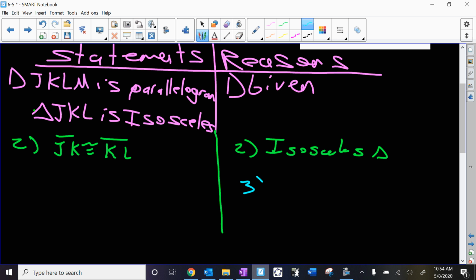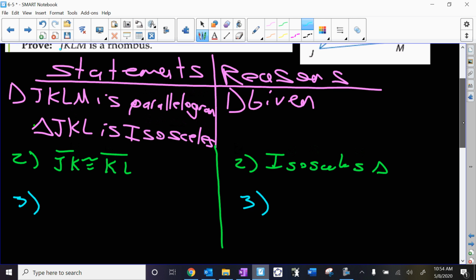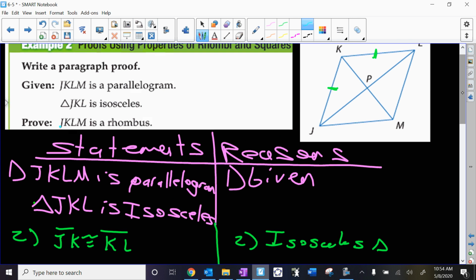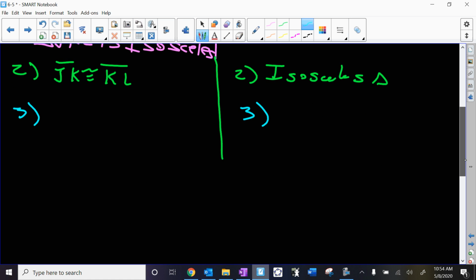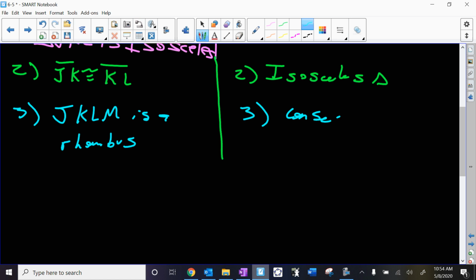And remember, we just said that if I get one pair of consecutive sides being congruent, then I know it's a rhombus. So I can go directly to this statement, JKLM is a rhombus, because we know consecutive sides are congruent.